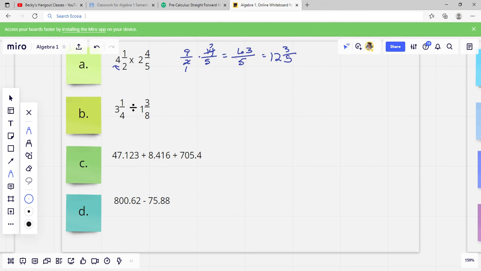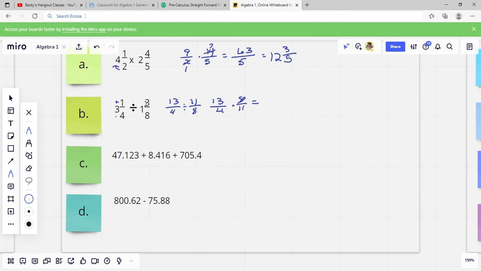All right, next one, this is a division. First, we're going to change it into an improper fraction. So 3 times 4 plus 1. 3 times 4 is 12, plus 1 is 13 over 4. And then this one, 8 times 1 is 8, 9, 10, 11 over 8. That's still dividing. We have to flip and multiply now. So 13 over 4 times 8 over 11. I can cancel right here.